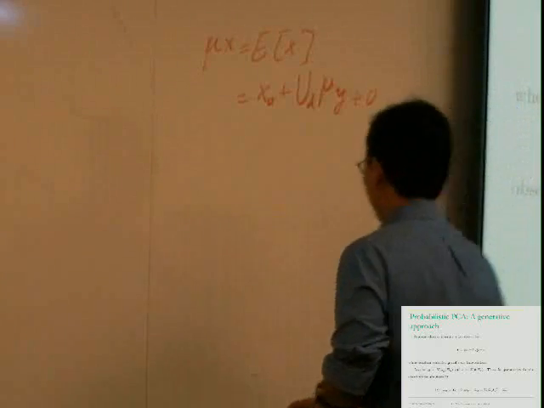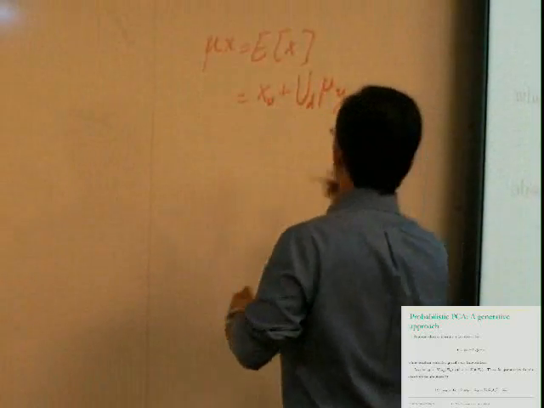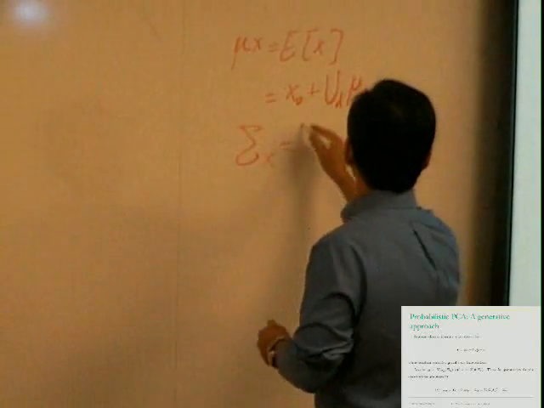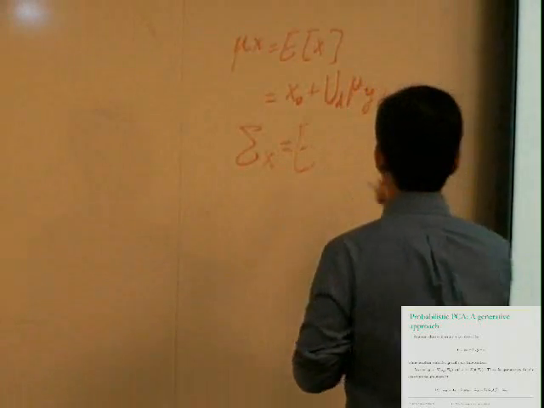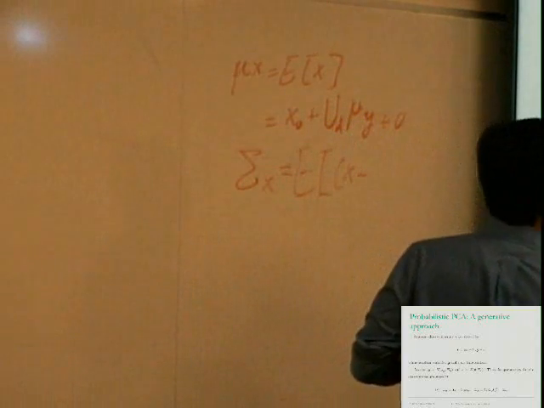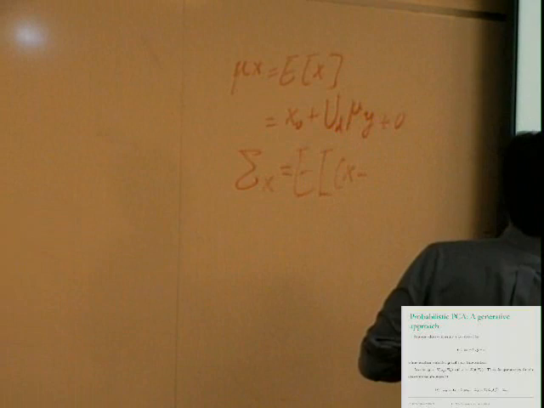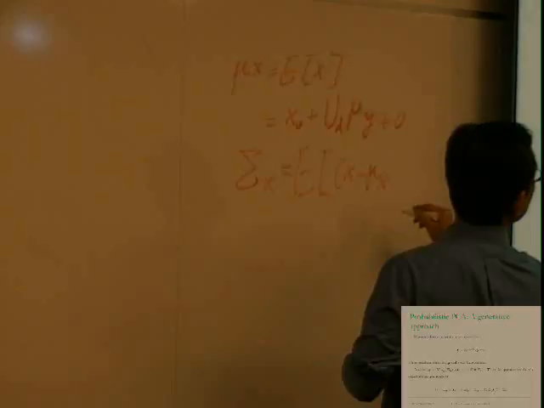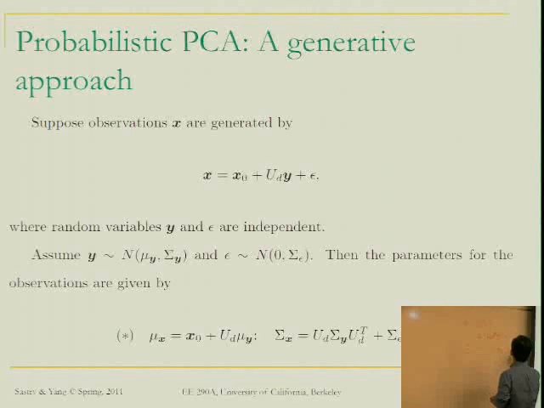Okay. So the covariance matrix of x is equal to the expectation of x minus mu x, times x minus mu x transpose, right?